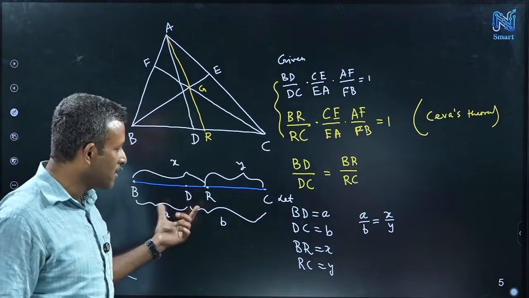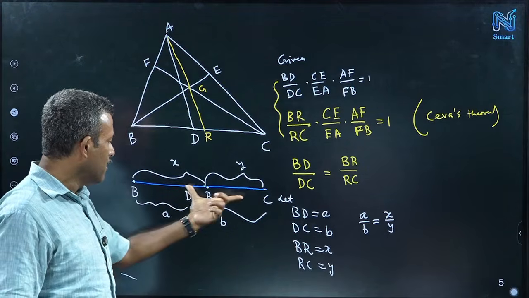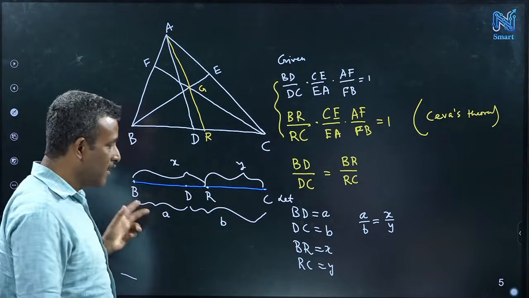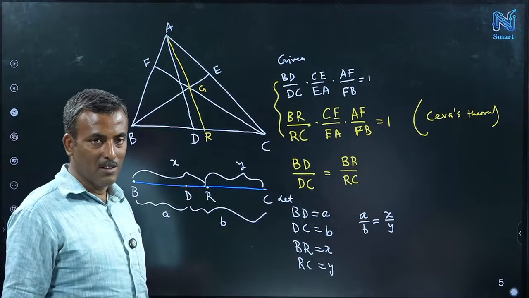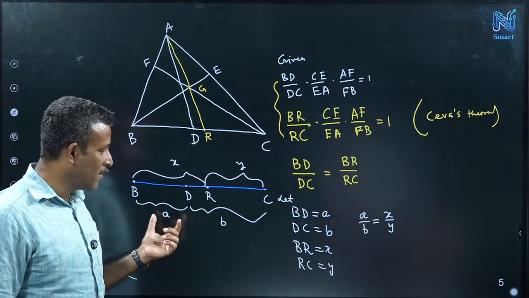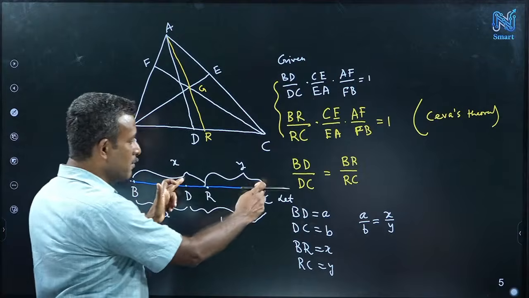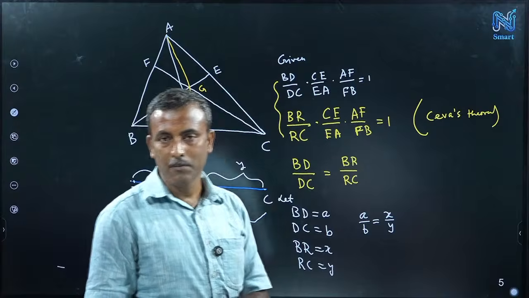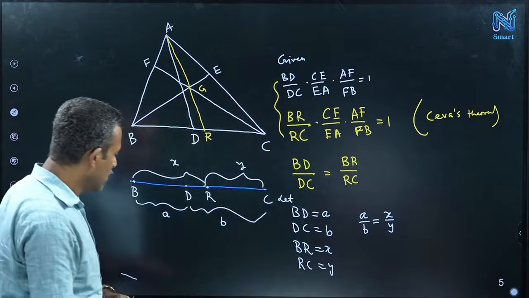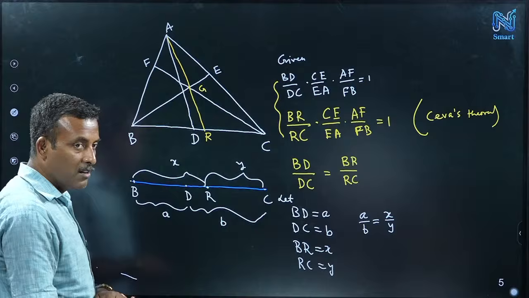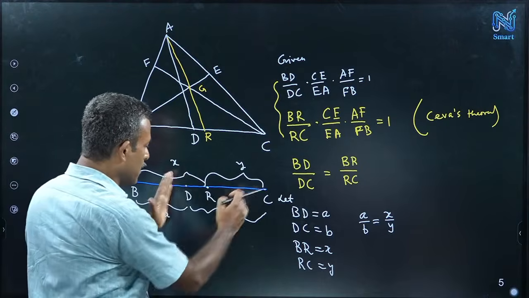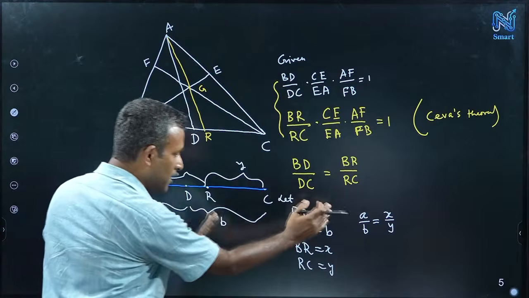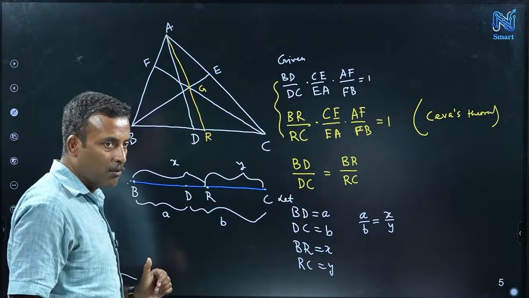But there is one more extra thing. This is A, this is B, this is X, this is Y. What is the one more relation? BD is A, DC is B, BR is X and RC is Y. So one more extra condition is there.